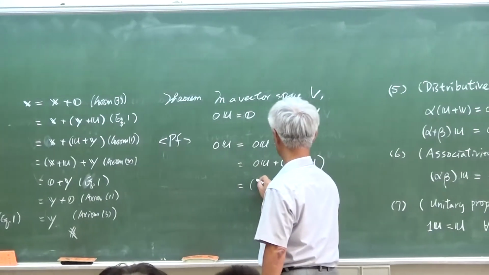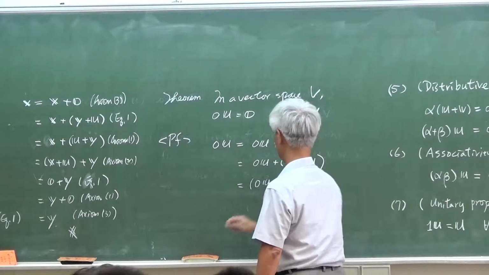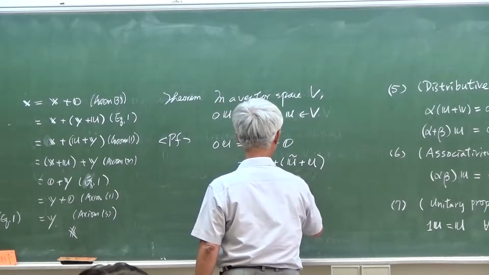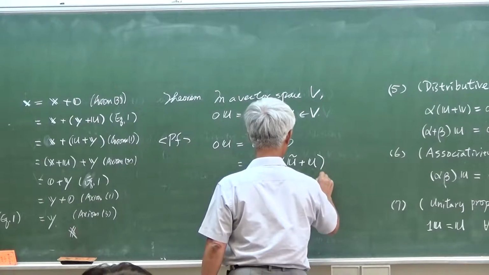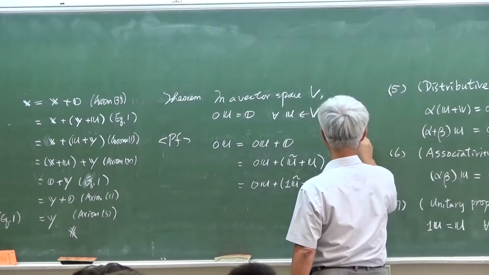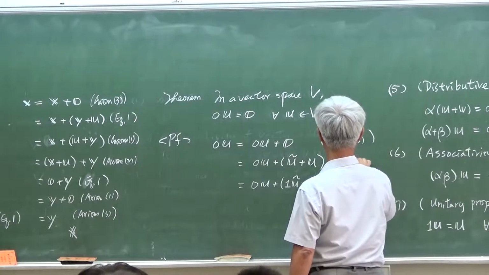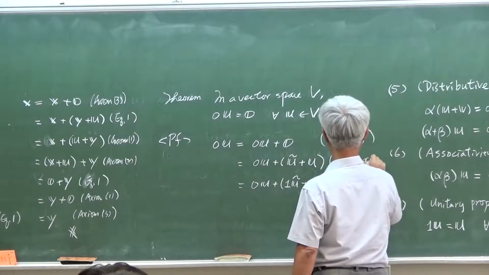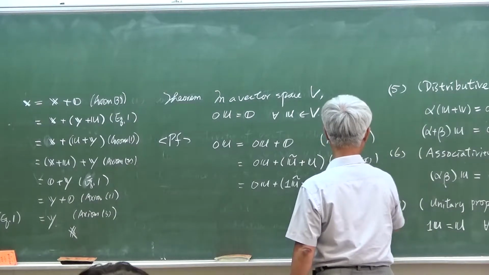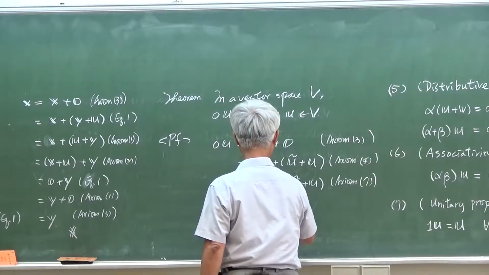Now 0u plus, by the way, 1u. So this is axiom 3, this is axiom 4, the inverse, and this is axiom 7, the unitary property. Now I have u plus 1.